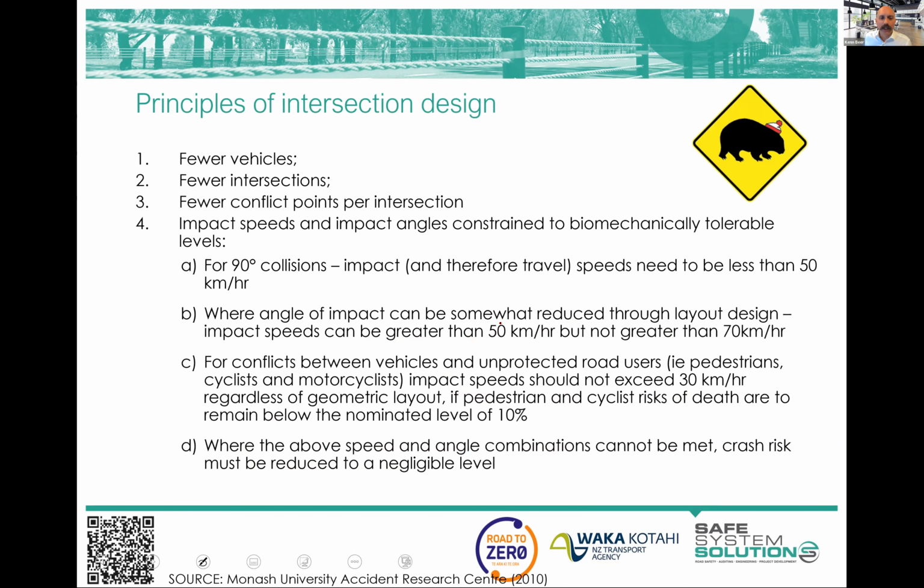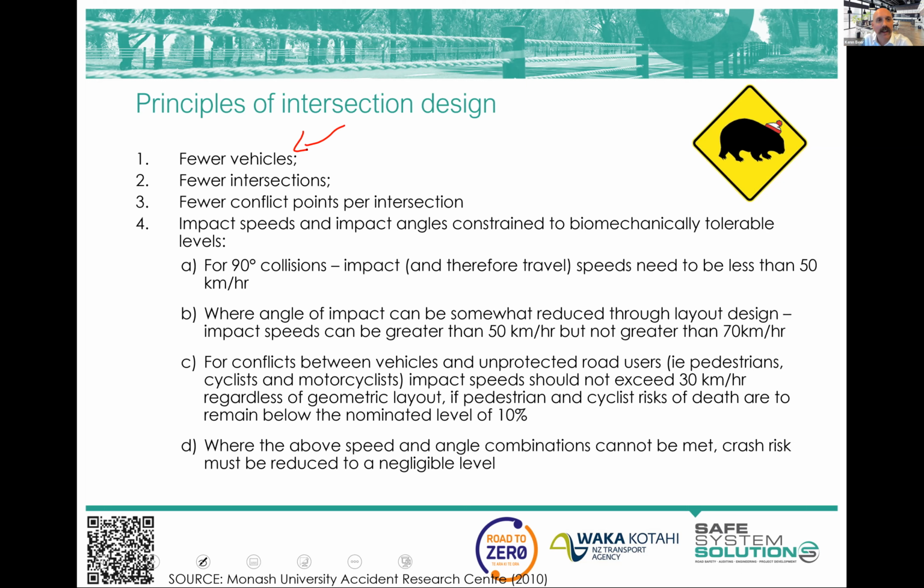Now, Monash University Accident Research Centre came out with these high-level principles of intersection design. And I think they're worth looking at, because they really do step back at a bigger picture, because they're starting there with fewer vehicles.